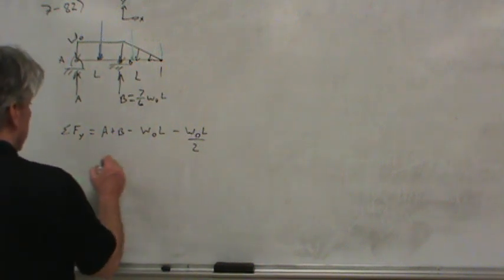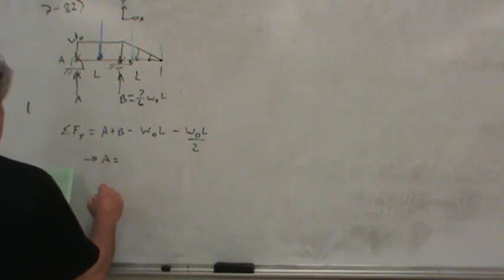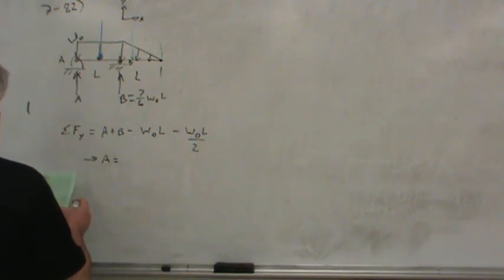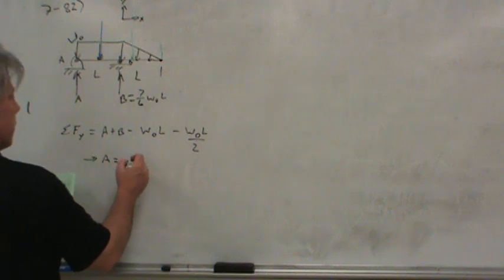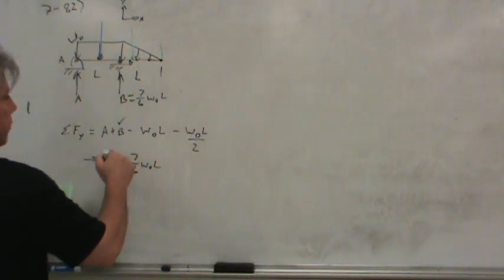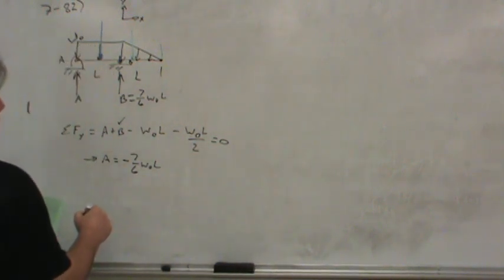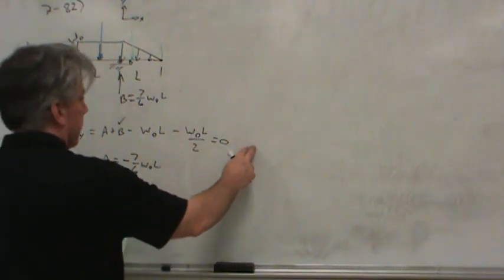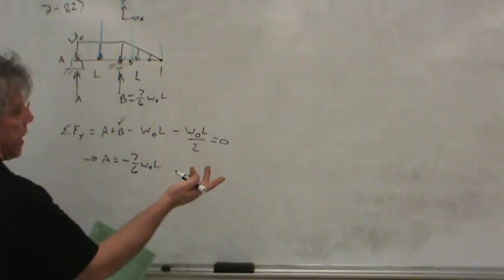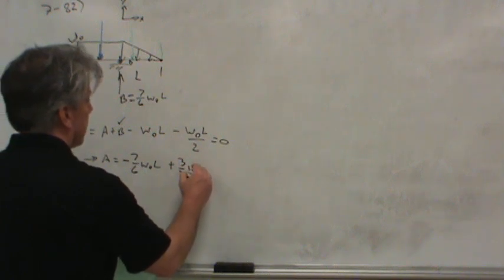And so, rearranging, A would be equal to negative B, but B is 7/6 W naught L, so that takes care of B. We pulled it to the other side. By the way, this sums to 0. And then pulling these two to the other side, 1 plus a half is 1 1/2, so that's 3 halves. So plus 3 halves W naught L.